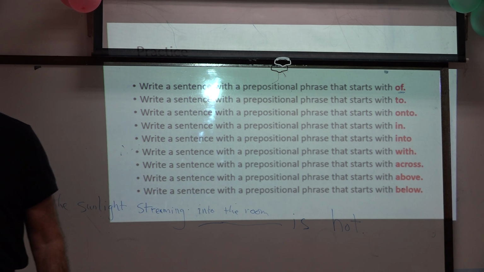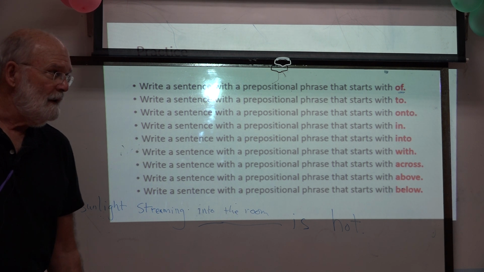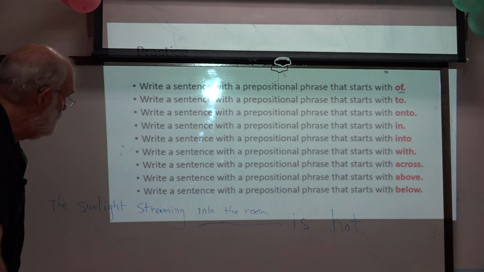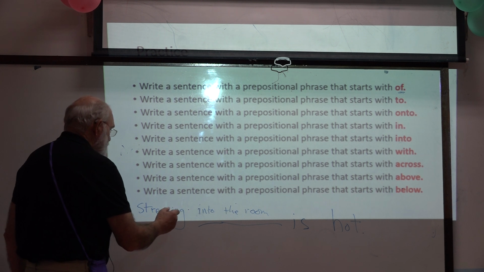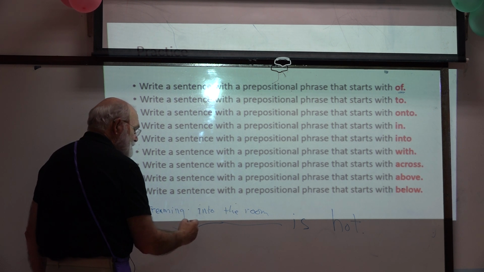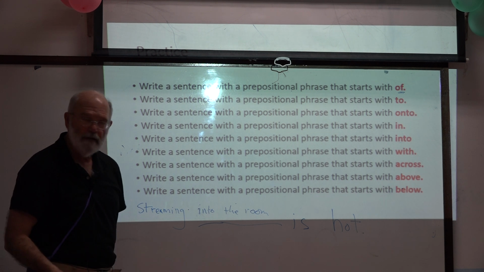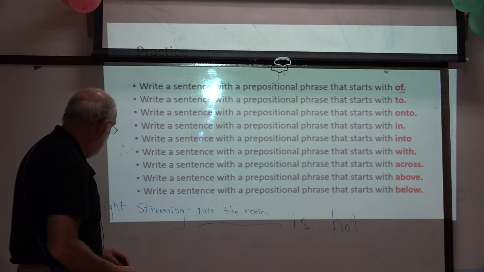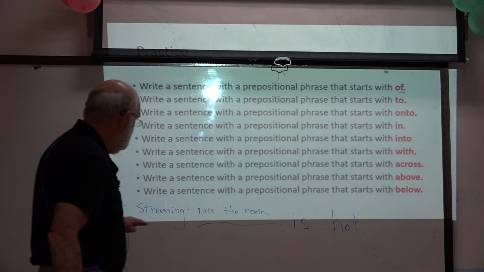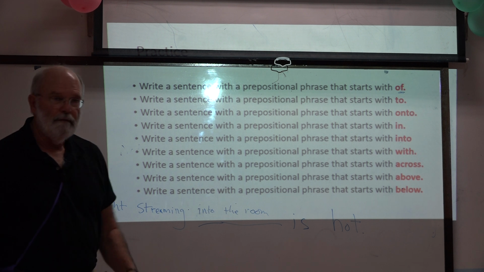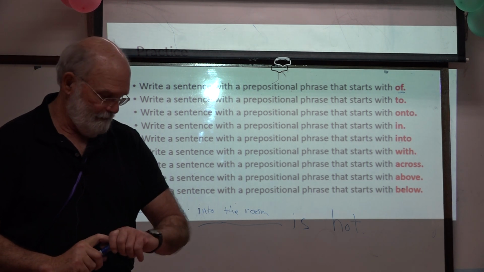So the sunlight, which is outside, streaming, flowing into the room is hot. So this tells us that the sunlight is coming from the outside into the inside of the room. So we've taken the sunlight is hot, we've added more meaning to that sentence with the prepositional phrase.